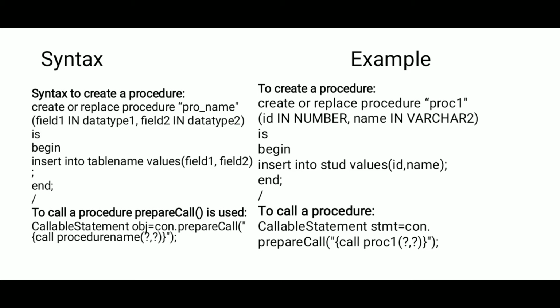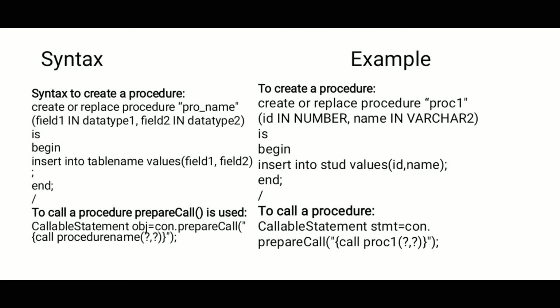And this is defined for when you want to call a procedure. When you want to call that procedure, the prepareCall method is used. You have to create one CallableStatement object, and using the connection object you can call the prepareCall method, and in the prepareCall method you have to pass one parameter, that is the procedure name.